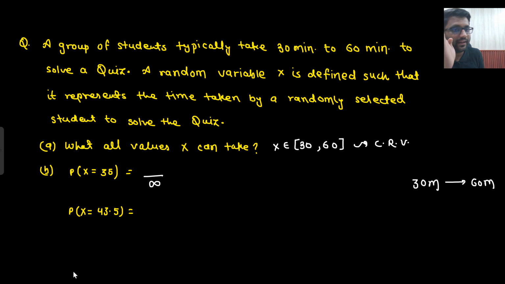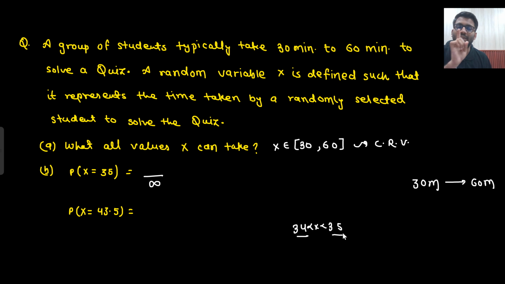The student can take any time between 30 to 60. But what you are saying is that exactly 35 minutes, you tell me. If you were asking me that between 34 to 35 minutes, what is the probability? What is the probability that a student will take time between 34 to 35? Then it is considerable that you can find the probability.